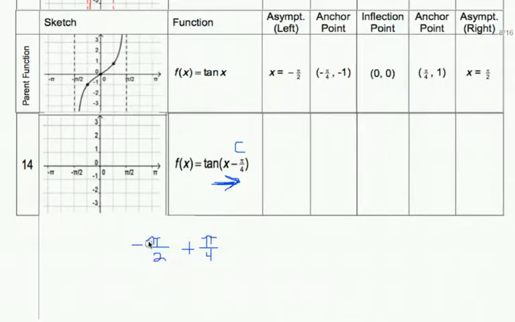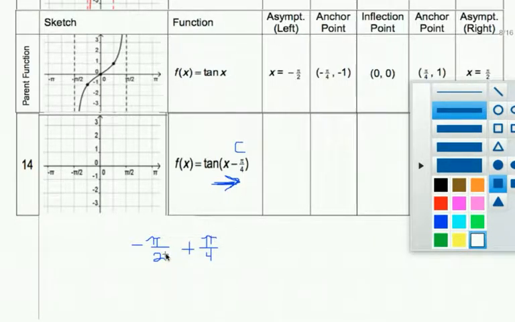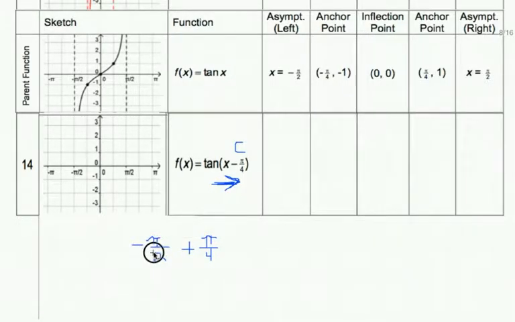So in order to make this a 4, I have to change my 2. I'm going to multiply by 2 to make that a 4. And because I multiplied the denominator by 2, I also need to multiply the numerator by 2. So I'm going to have negative 2 pi over 4 plus pi over 4, which in this case is going to give me negative pi over 4.